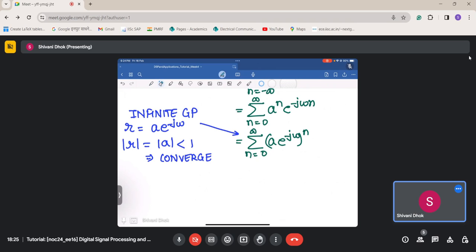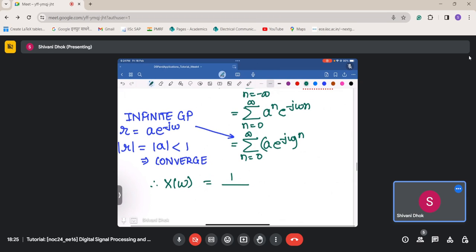So X of omega will be equal to the first term, 1, upon 1 minus the common ratio, 1 minus a into e^(-j omega).